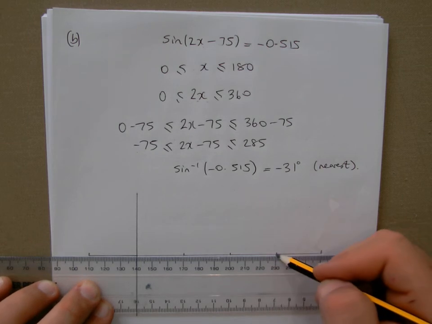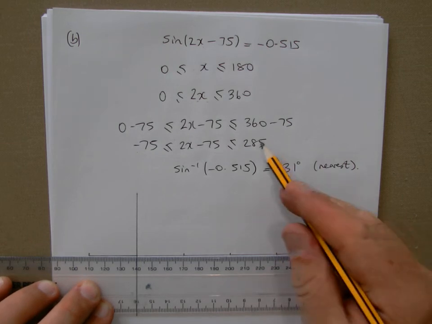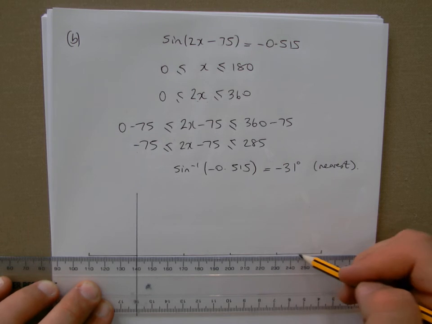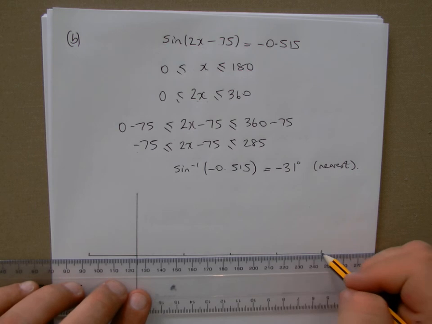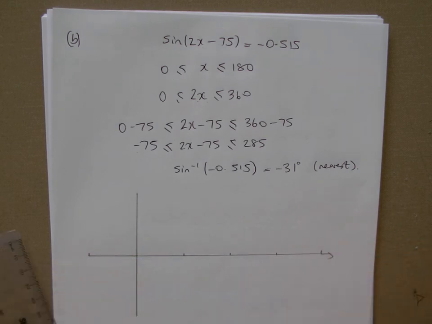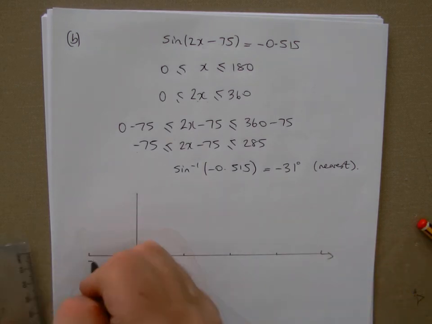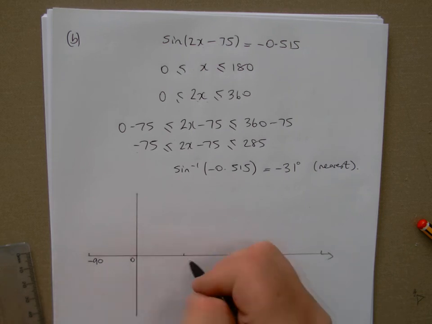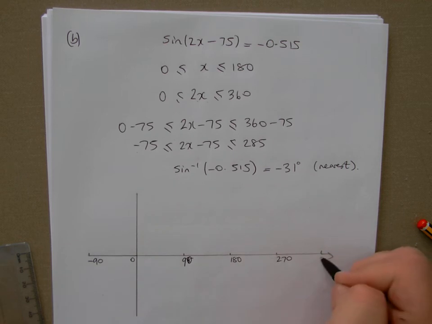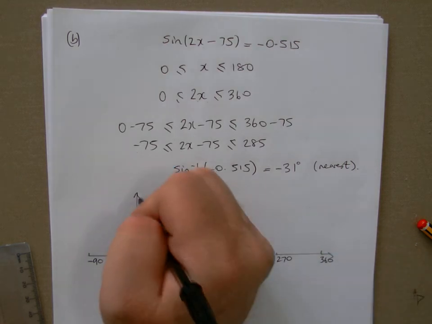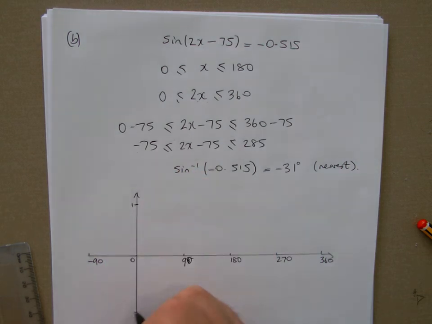Because I need to go up to 285, but I'm not going to stop halfway, so I'll go all the way to 360, and continue that little axis along a little bit. So minus 90, 0, 90 here, 180 here, 270 there, 360 there. We'll have 1 here and minus 1 down there.